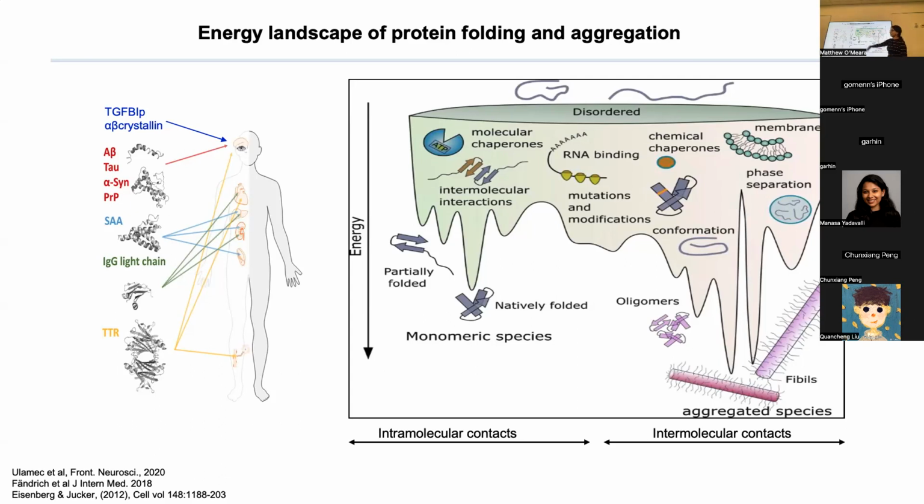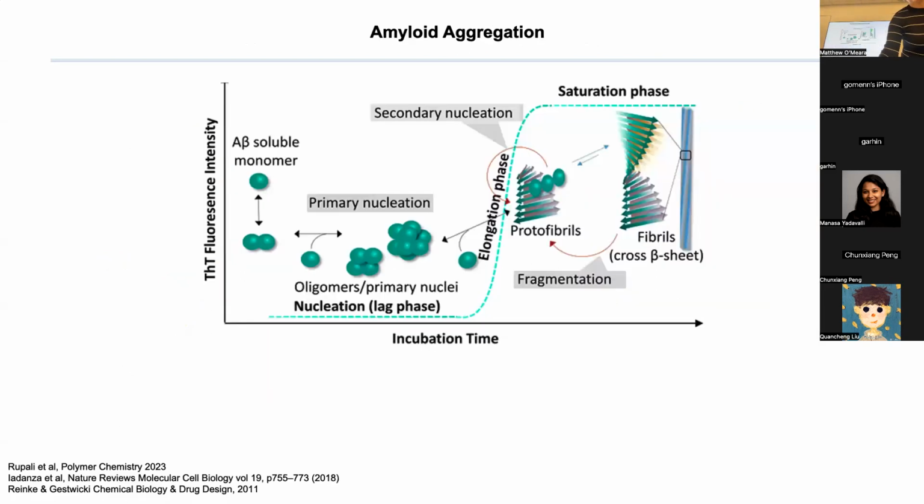So all of these, and I already mentioned transthyretin, all of these proteins end up going through this structural change in which a lot of different subunits come together to form these beta sheet rich structures.